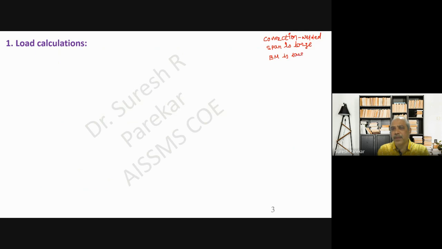When we have a heavy load intensity, the bending moment is large, though the span is smaller. So two cases we have to consider: when span is large and when bending moment is large. When span is large, our self weight will increase, and therefore again we are going to get a large bending moment.